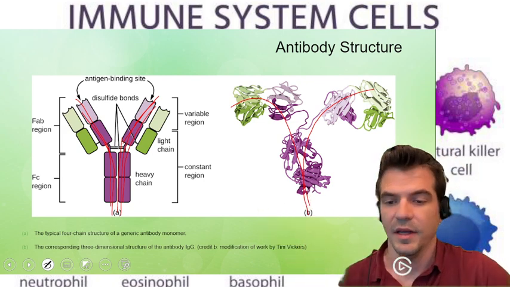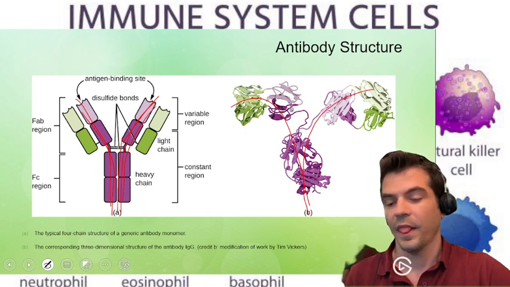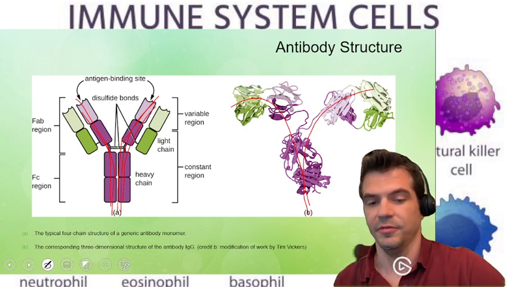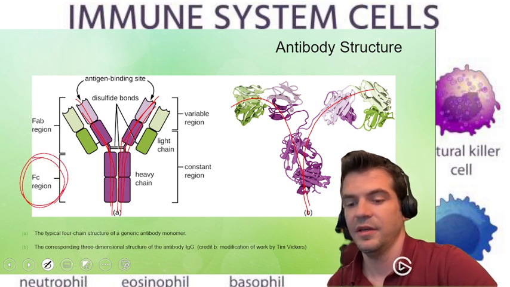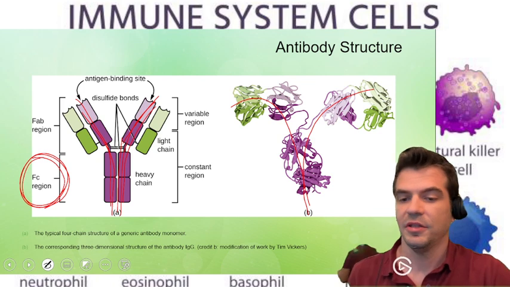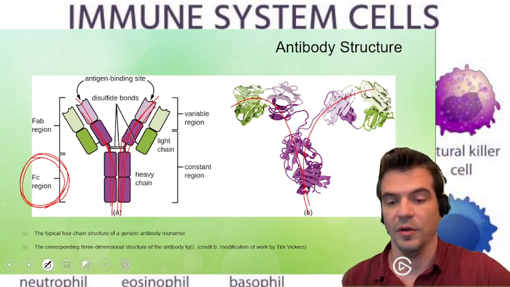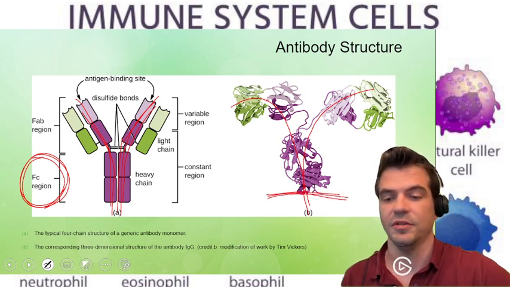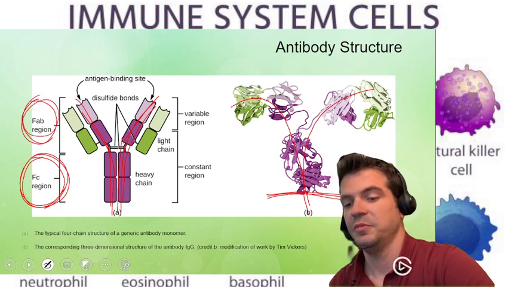Now we can look at the regions here. The heavy chain area, the Fc region, is the part that binds to one of our cells. The Fab region is very specific.